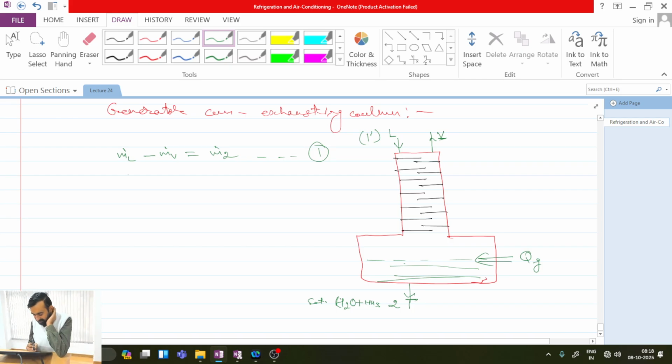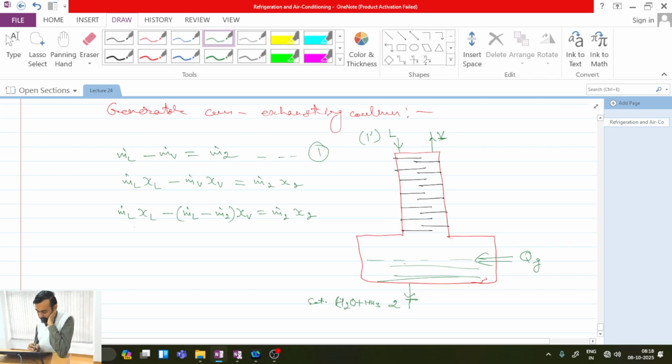What about the second equation? m dot L into XL minus m dot V into XV equals m dot 2 into X2. Fine. Now m dot V I will replace. If I replace m dot V over here, what will I get? m dot L into XL minus, in place of m dot V, m dot L minus m dot 2, into XV, equal to m dot 2 into X2.